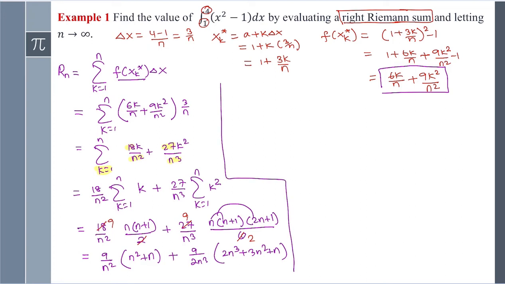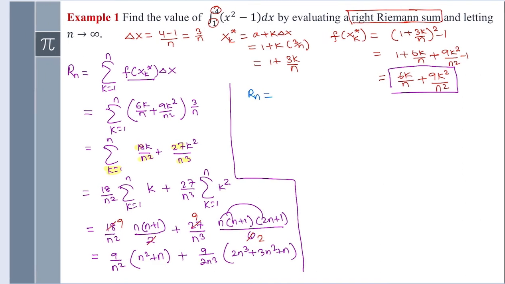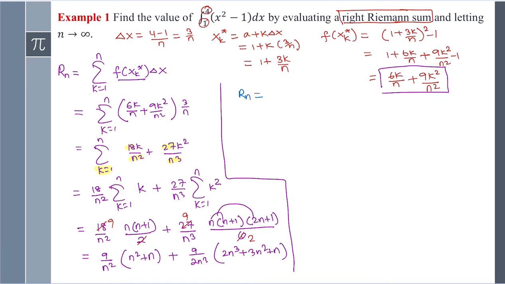So now the next thing we are going to do, keep writing this, r sub n equals. When we distribute this, 9 over n squared times n squared is just 9, plus we get 9 over n when you multiply this one over here.